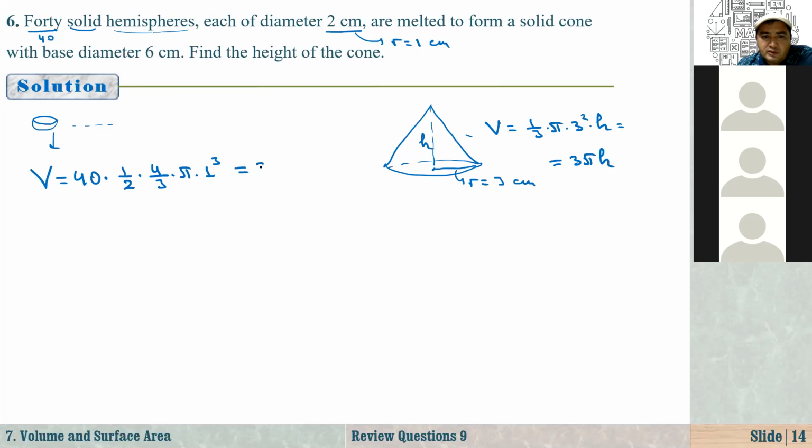That is equal to 3 pi h. The pi cancels, and 4 over 2 is 2. 2 times 40 is 80. So h is equal to 80 over 9, which is 8 and 8/9 centimeters to be exact.